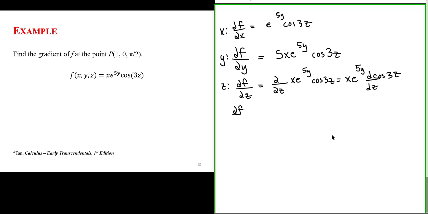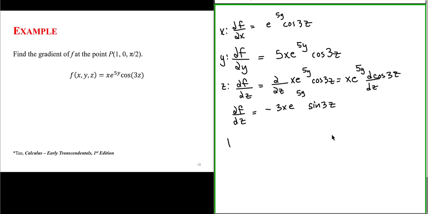When we evaluate this, we get the partial derivative of f with respect to z is equal to minus 3x e to the 5y sine of 3z. We have now found the three components of the gradient of this function f.